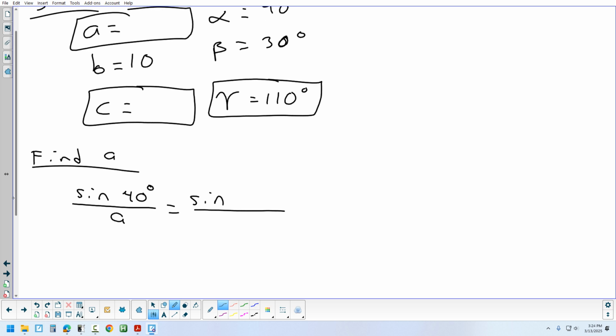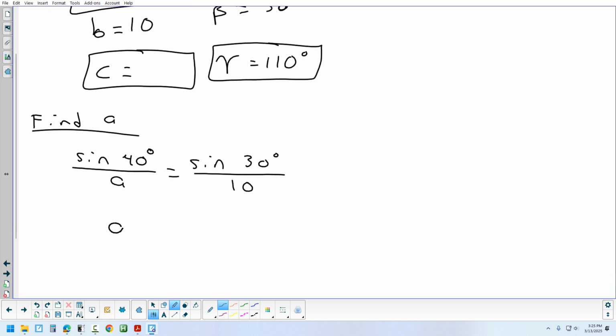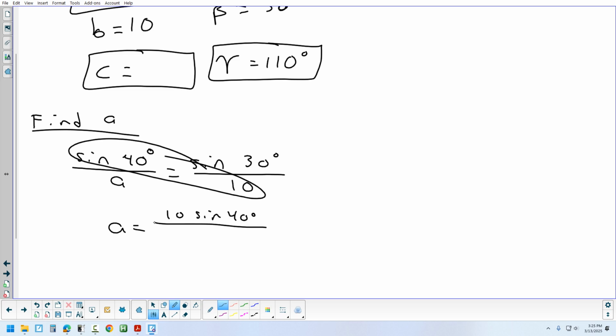And what about on the right side? You would put sine of 30, and then put 10 on the bottom. And how do we solve to get A by itself? Cross multiply. So A equals 10 sine 40, and then you're going to divide by the sine of 30.